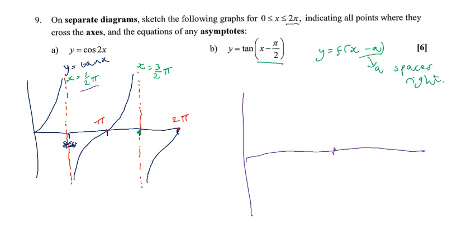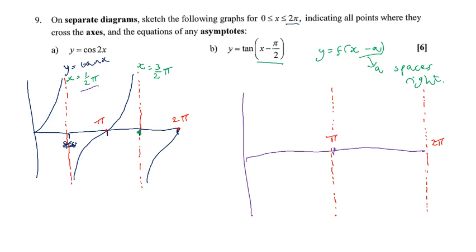So if I label that pi, I know I'm going to need to have an asymptote. Similarly, this was 3 over 2 pi. If I add pi over 2, 3 pi over 2 plus 1/2 pi is simply 2 pi, so it's got a new asymptote at 2 pi, like that.